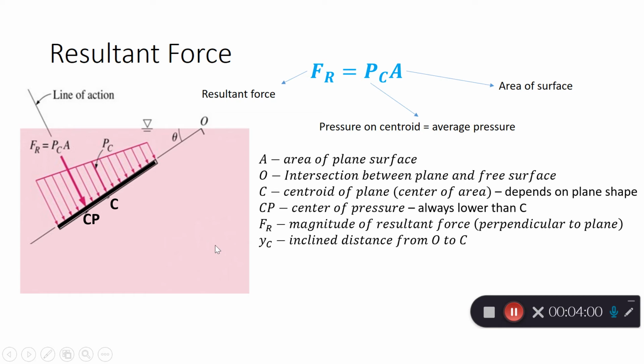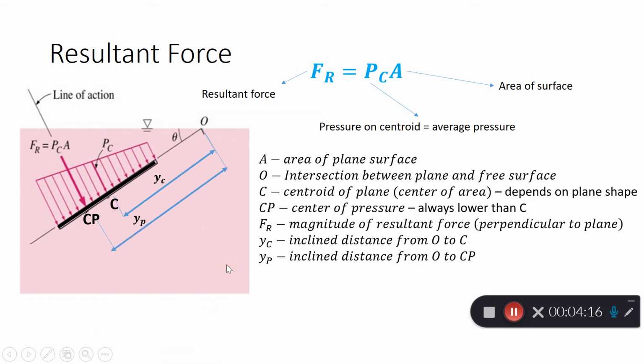And then we have YC. Instead of HC, we have YC, which is the inclined distance from O to C. So that should be here. And we have YP, which is the inclined distance from O to CP. Quite clear here. YP can be calculated the same way we calculated HP in the vertical plane case.